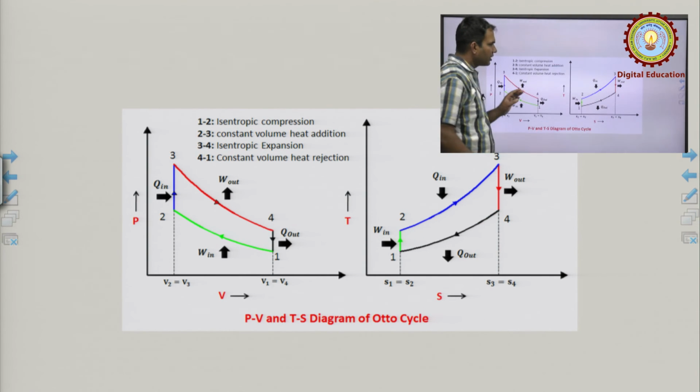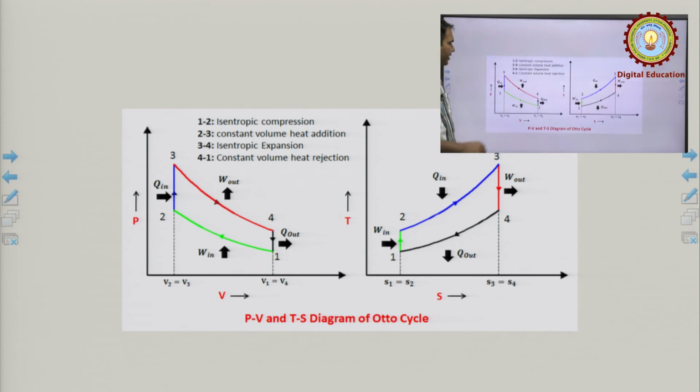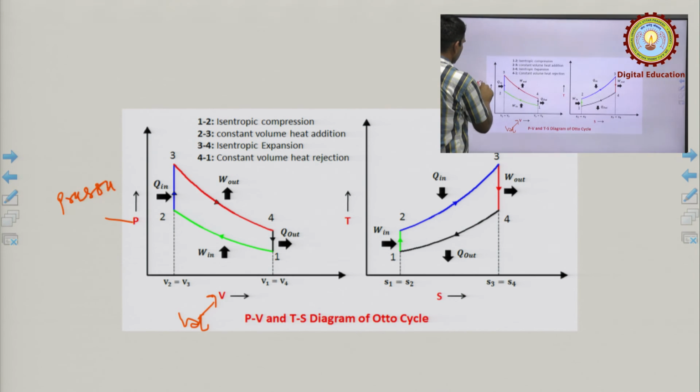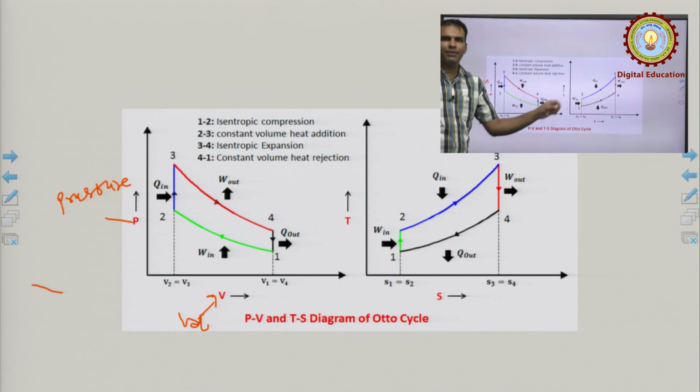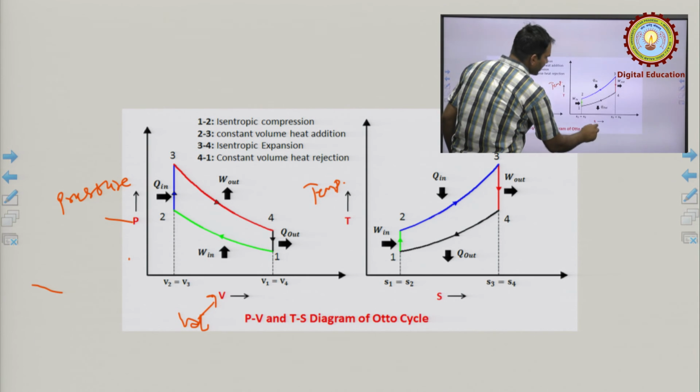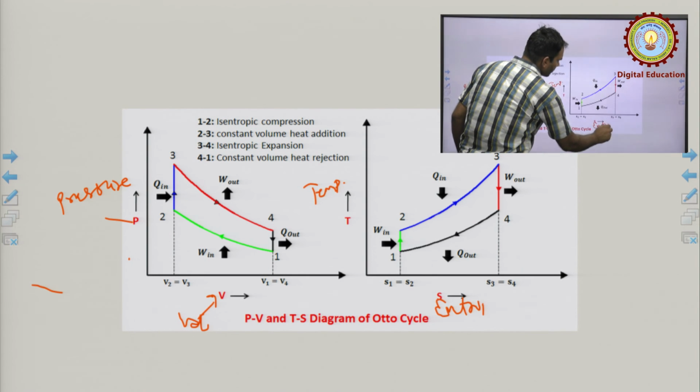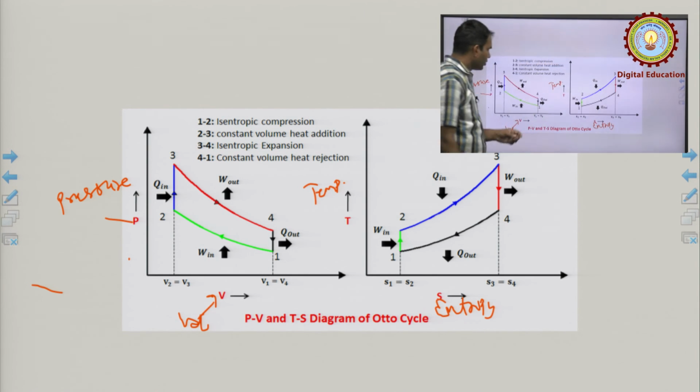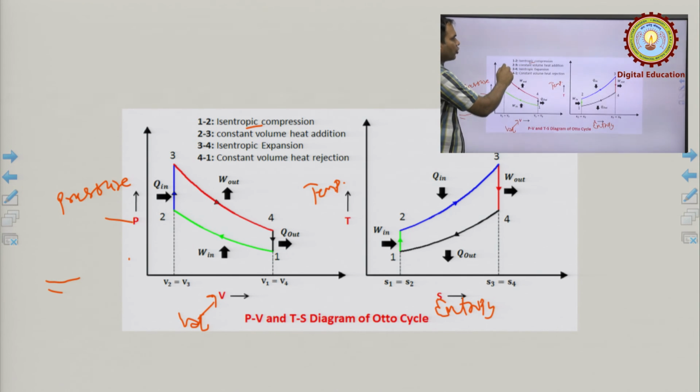This represents the PVTS diagram of the Otto cycle, where P is pressure, V is volume, T is temperature, and S is entropy. 1 to 2 is isentropic compression of air, 2 to 3 is constant volume heat addition, since volume is constant.